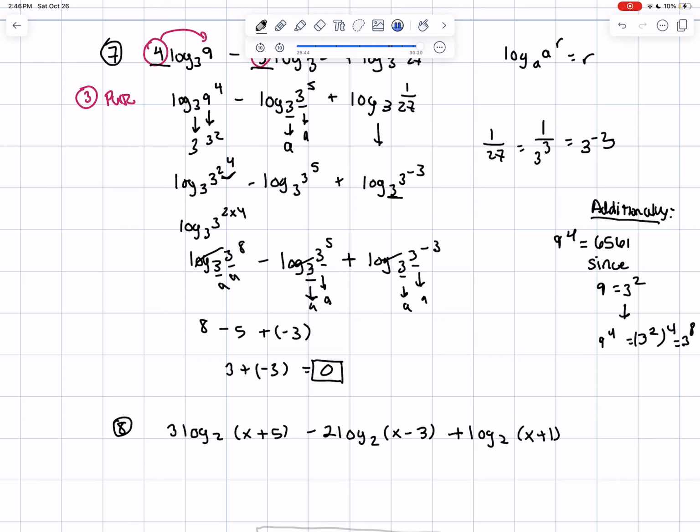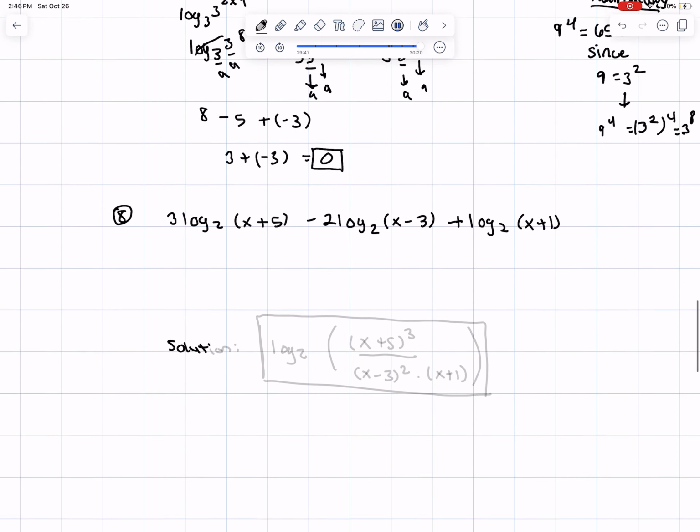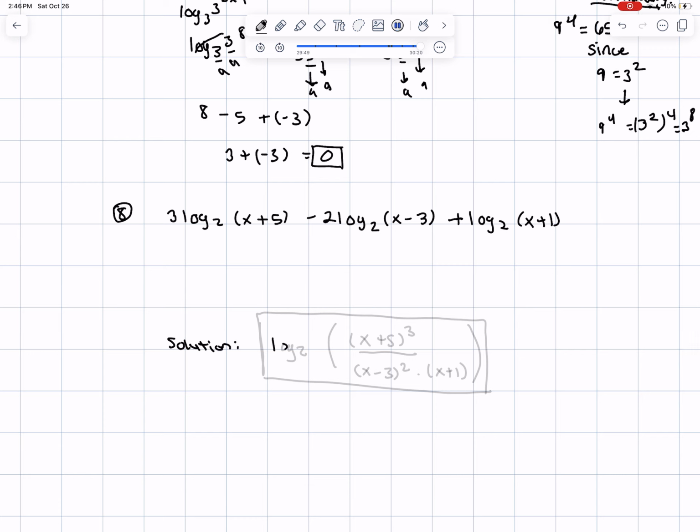Okay, so the solution to this problem is log base 2. So if you got this solution, then you're good.